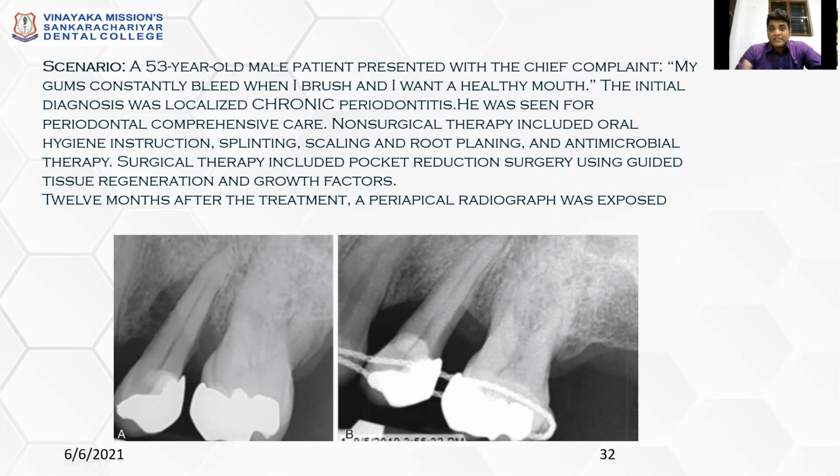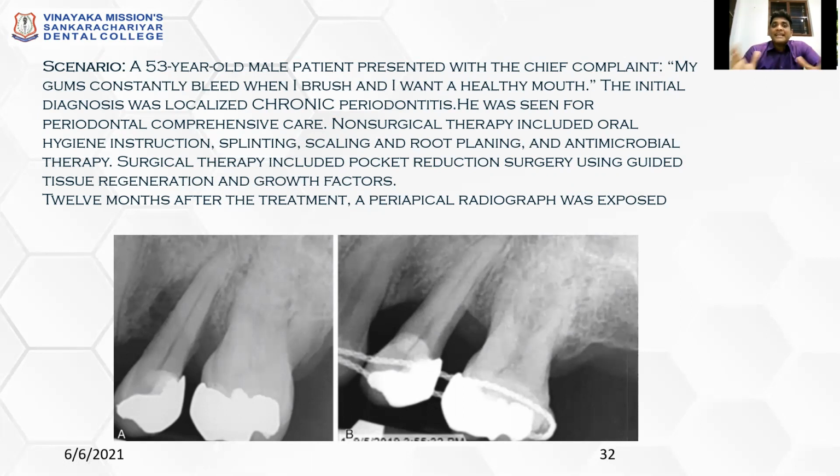Once splinting was done, there was a little improvement in the clinical findings, and bone regeneration took place. Now the questionable prognosis turned to a favorable prognosis. Thus, the prognosis of an individual tooth will differ with different treatment options.